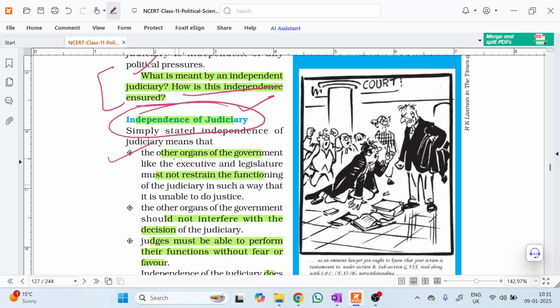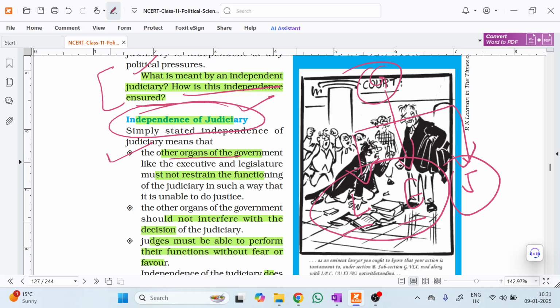The first one is that the other organs of government, which are, if you might be able to recall, that there are three organs of government: legislature, executive, and judiciary. So here, from the perspective of judiciary, legislature and executive both are the organs.